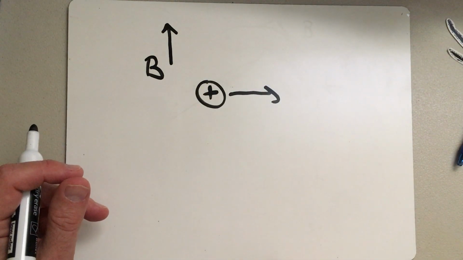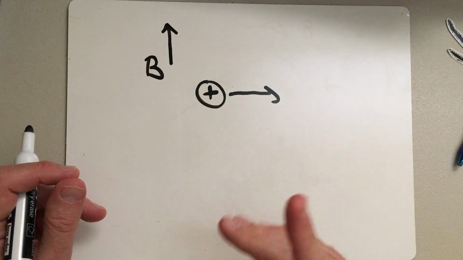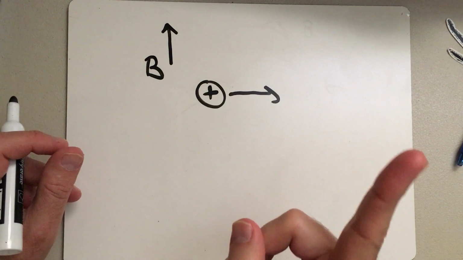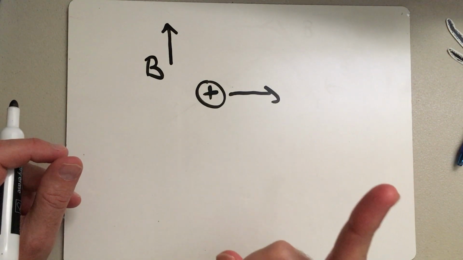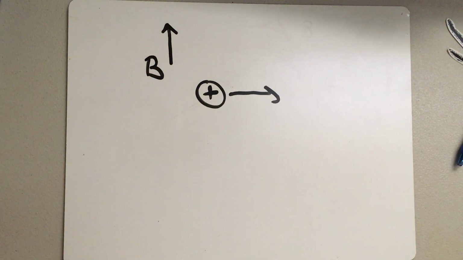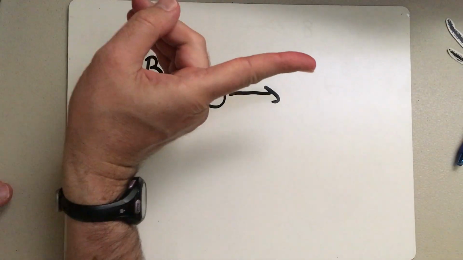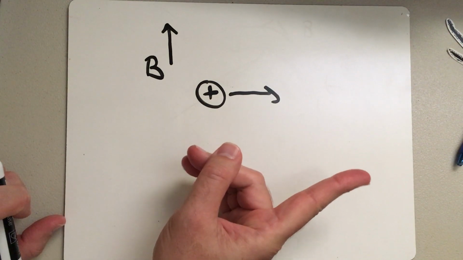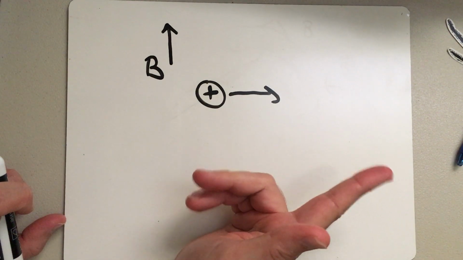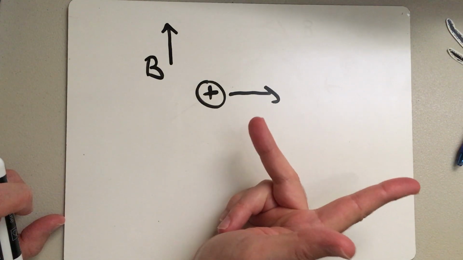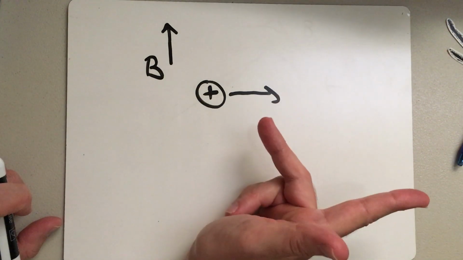And the way you want to do this is you start with your index finger, and you want to point your index finger in the direction of the velocity. So in this case, the velocity is pointing to the right. So my index finger is going to the right. Then you want to take your middle finger and point it in the direction of the magnetic field. So the magnetic field is pointing straight up.